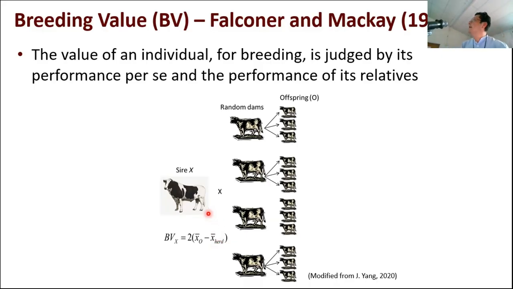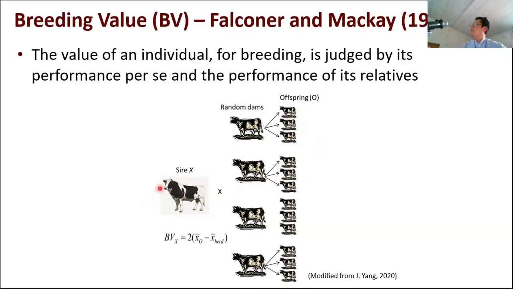So in this particular example, how do we gauge the value of a bull for milk production if that bull can't produce milk? Well, you look at the performance of its daughters, its mother, or any female relative of that bull.